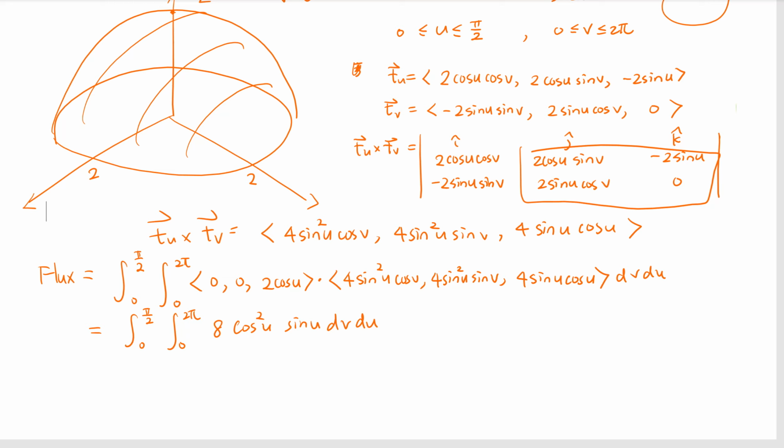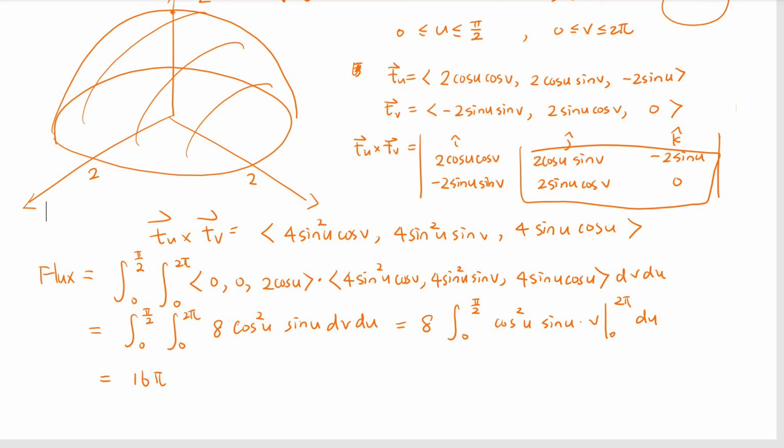First, you see there's no v in there. Pull out the 8. And then we have cosine u squared sine u. The integral of 1 with respect to v is just v from 0 to 2 pi, the same as multiplying by 2 pi. So we can multiply by 2 pi in the front.